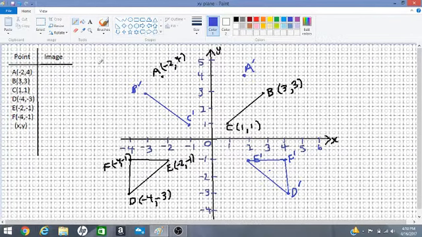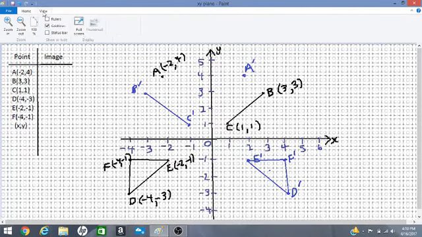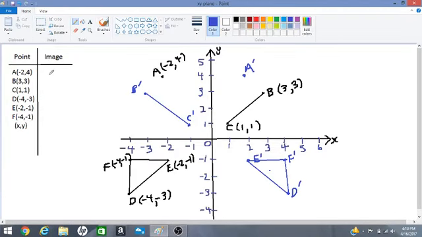And let's make some points to find a pattern. Let's see if there's a pattern to the reflection so we could find a short way to figure out the coordinates of the images. So the image of point A was A prime, and the coordinates of A prime are +2 and 4.